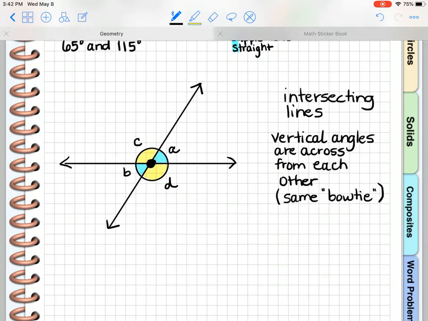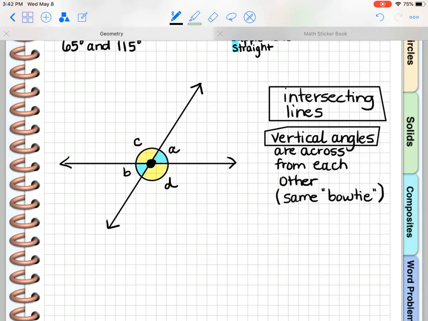Vertical angles. So I've given you two new terms here. We have intersecting lines, and then we have vertical angles. So vertical angles are in the same bow tie.